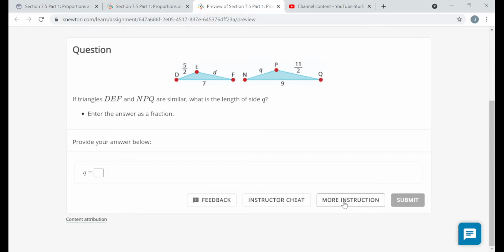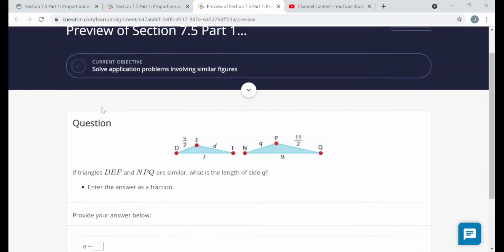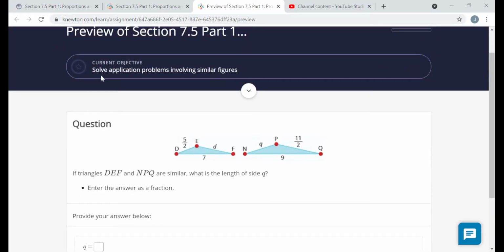Okay, so this first question is on the objective solve application problems, word problems, involving similar figures. So I'll talk about what it means for 2 figures to be similar. When they say here, triangles DEF and NPQ are similar, that means that the ratios of corresponding sides are always the same.